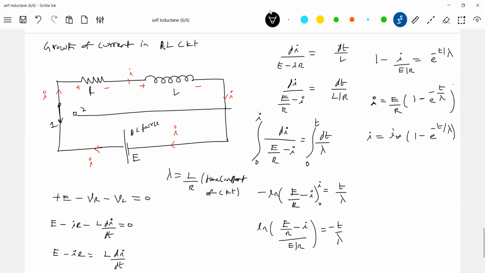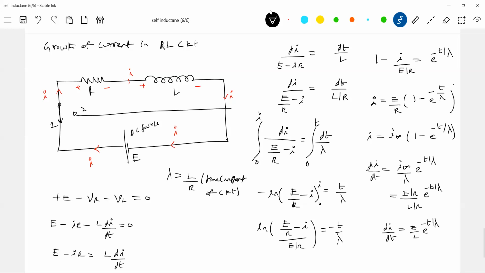What about the drop across the inductor? I want the drop across the inductor. We differentiate this: di by dt equals I infinity by lambda times e to the power of minus t by lambda. What is I infinity? E by R. What is lambda? L by R. This is the value of di by dt.